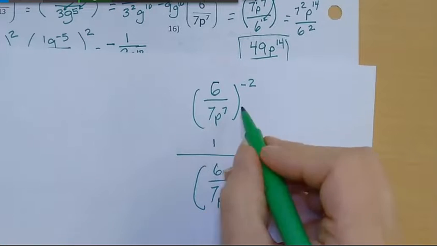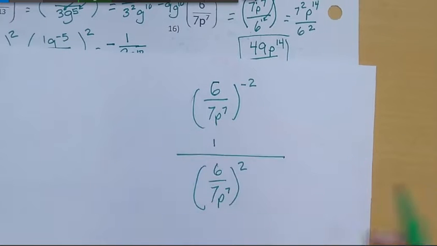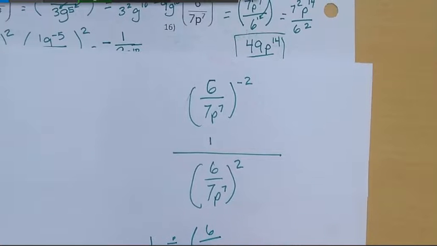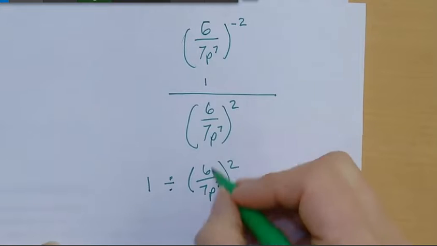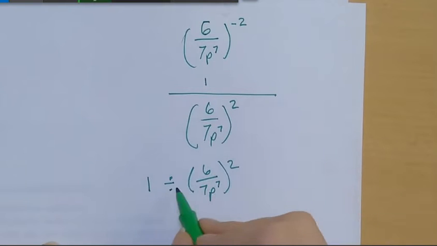So all I did was I rewrote that and I put this piece of information in the denominator. This really means 1 divided by that fraction: 6 over 7p to the 7, all squared.